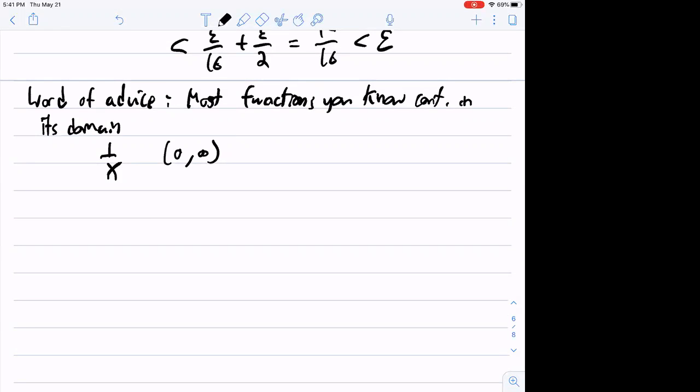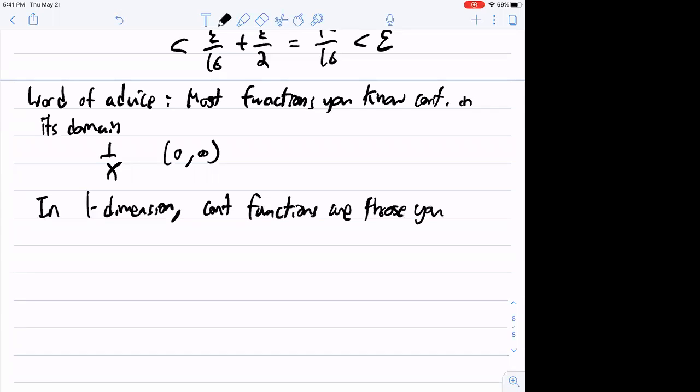Also, hopefully you learned that in one dimension, continuous functions are those you can draw without lifting your hand off the paper, right?